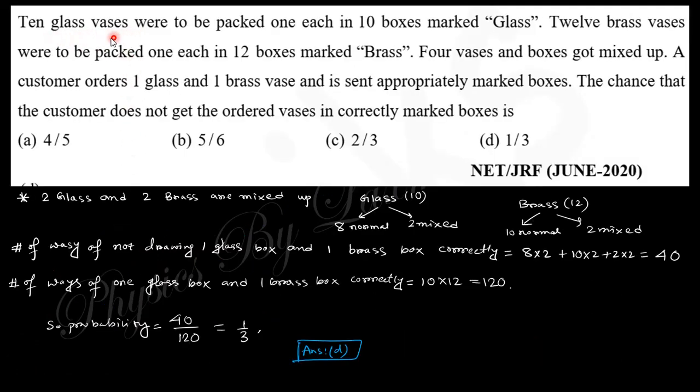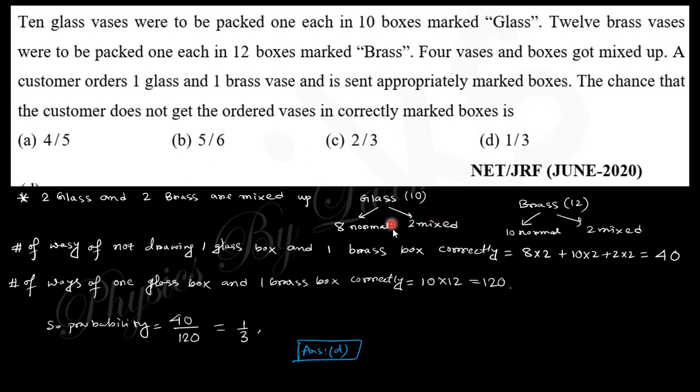10 glass vases were packed one each in 10 boxes marked glass. 12 brass vessels are packed in 12 boxes marked brass. 4 vases and boxes got mixed up. A customer orders 1 glass and 1 brass. So there are 4 vases and boxes mixed up.